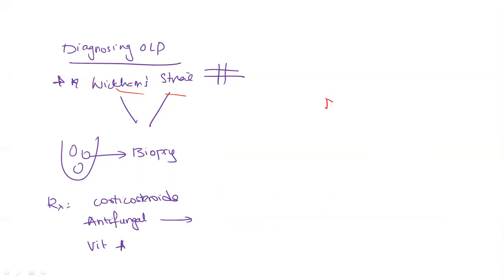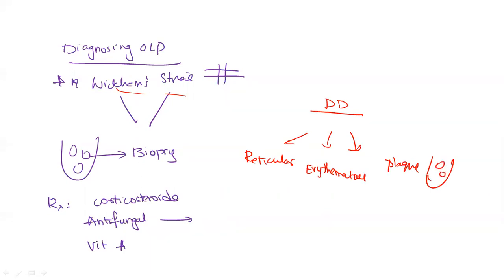Okay, let me just add a few lines on differential diagnosis. So we know that reticular type, main thing is Wickham's striae. All right, and erythematous is where burning sensation can be seen, whereas plaque type is where you see 2 to 3 lesions.